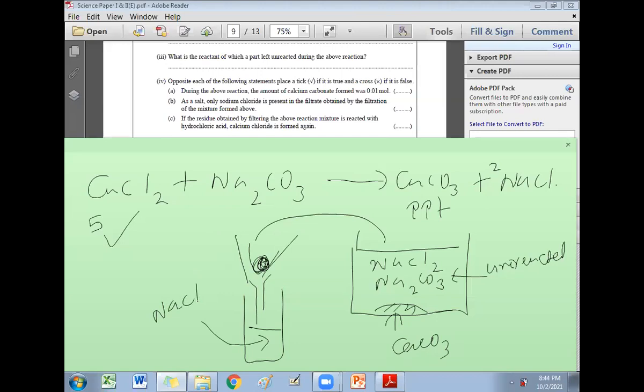Sodium chloride is one product, but please write it, unreacted sodium carbonate also left. That is why B is wrong. Is that clear, everyone?